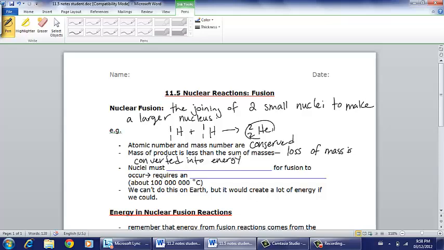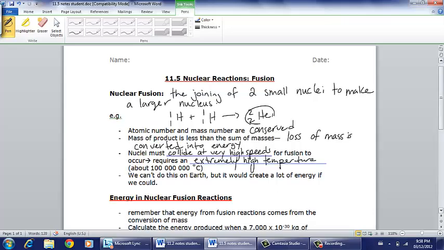In order for fusion to occur, the nuclei must collide at very high speeds. And for these very high speeds to be met, it requires an extremely high temperature. We cannot reach these temperatures here on Earth, but if we did, we could create a lot of energy from it.